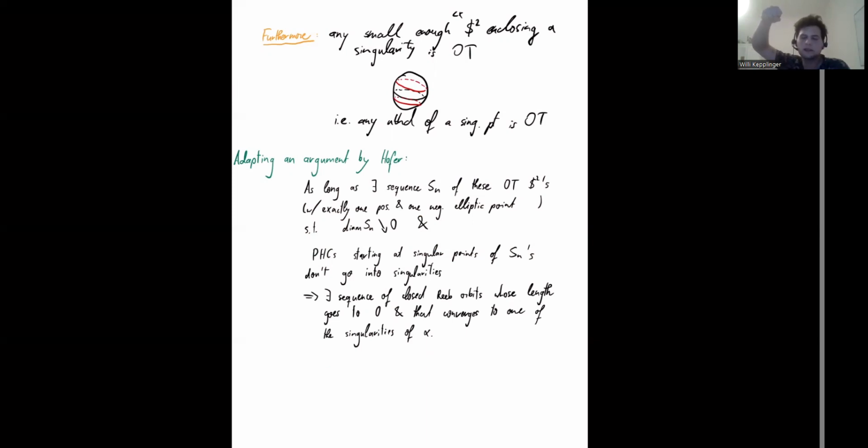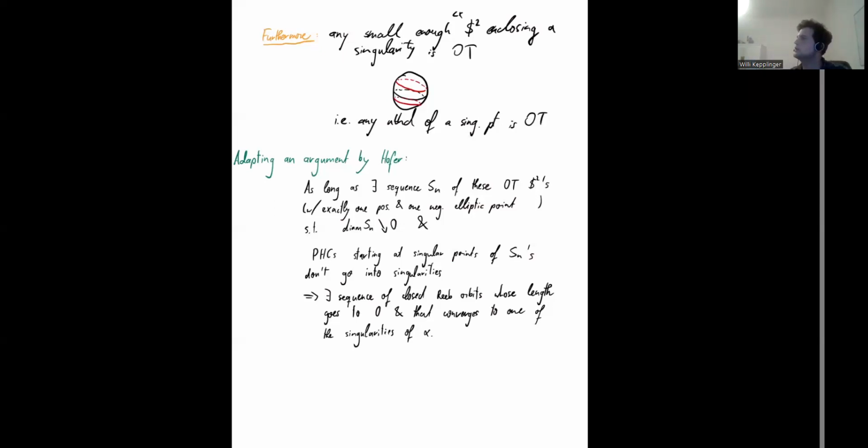And now, if you can run a certain pseudo-holomorphic curve argument, basically what you want to do is start pseudo-holomorphic curves at these singular points. And if you can make sure that these pseudo-holomorphic curves don't run into the singularity, then you actually know that there exists a sequence of closed Reeb orbits.